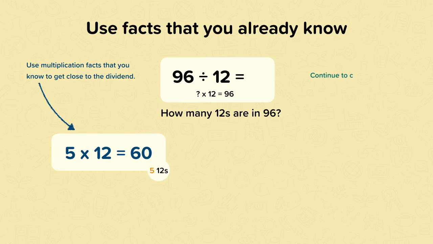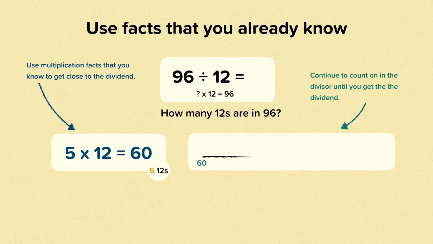And then we're going to continue to count on in the divisor until we get to the dividend. So remember, the divisor is 12, so we're going to continue to count in our 12s until we get to 96. So from 60, add 12 to 72, add another 12, that gets us to 84, and add another 12, which takes us to 96.